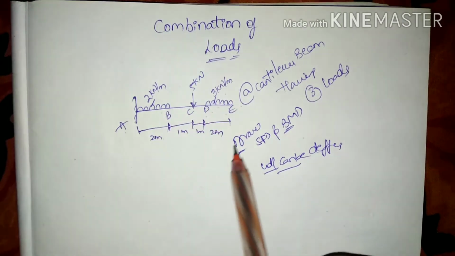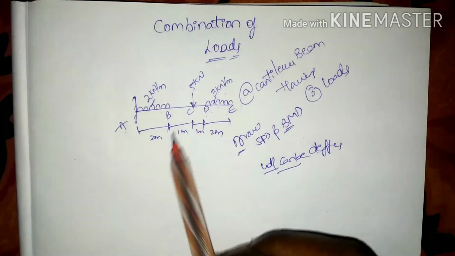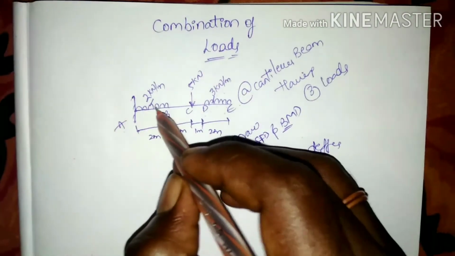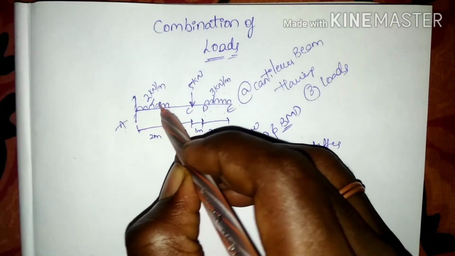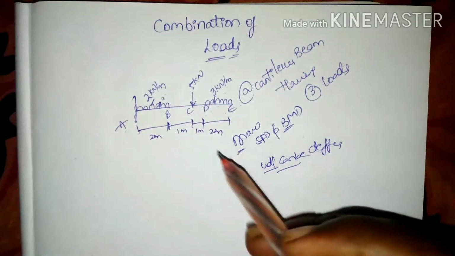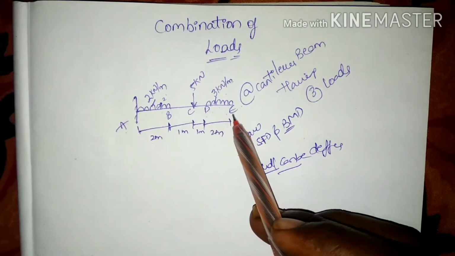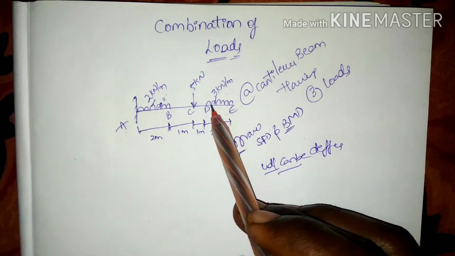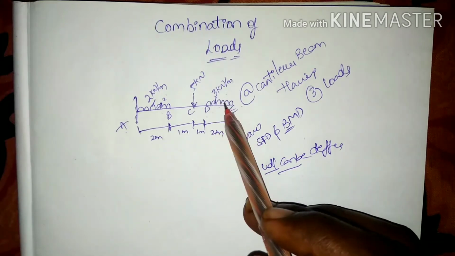This is not the same. In between A to B, the magnitude of the UDL is 2 kN per meter, and in between D to E, the UDL is 3 kN per meter.